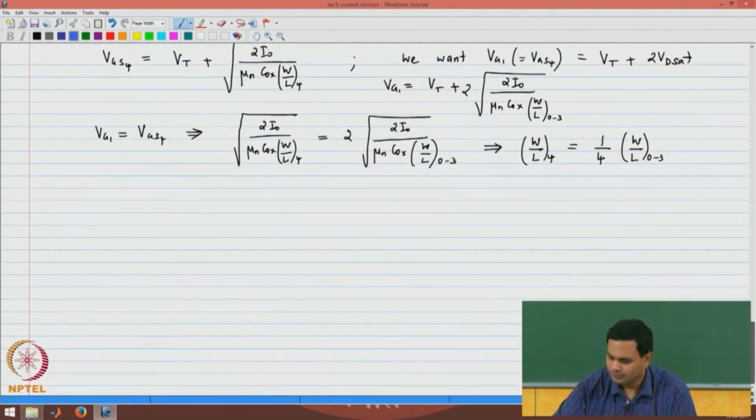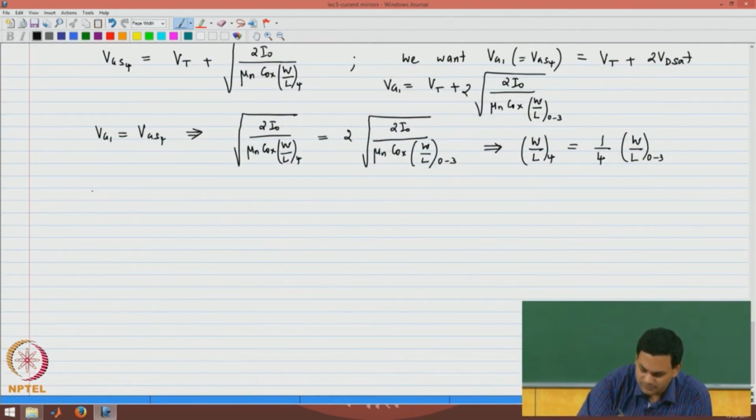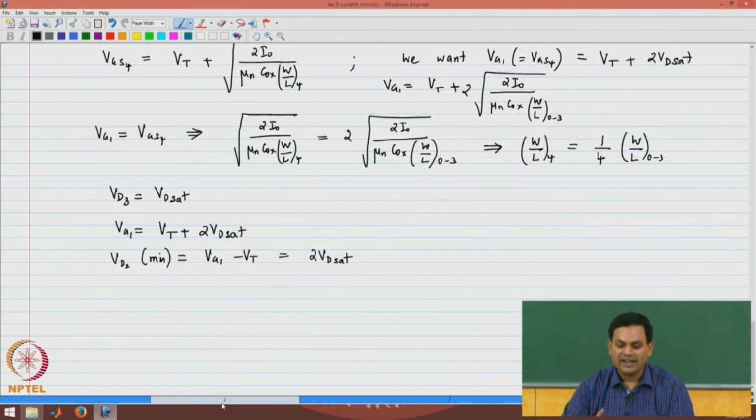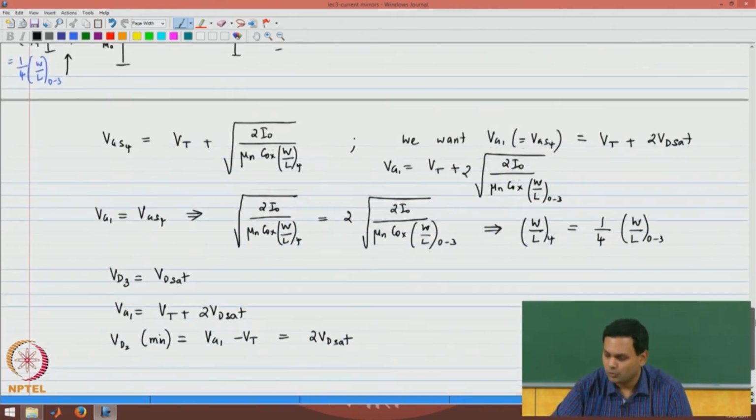Vd2 minimum in such a condition, Vd3 will be equal to Vd sat, Vg1 is Vt plus 2 Vd sat, so Vd2 minimum, that is the minimum voltage possible at the drain of M2, is 2 Vd sat.